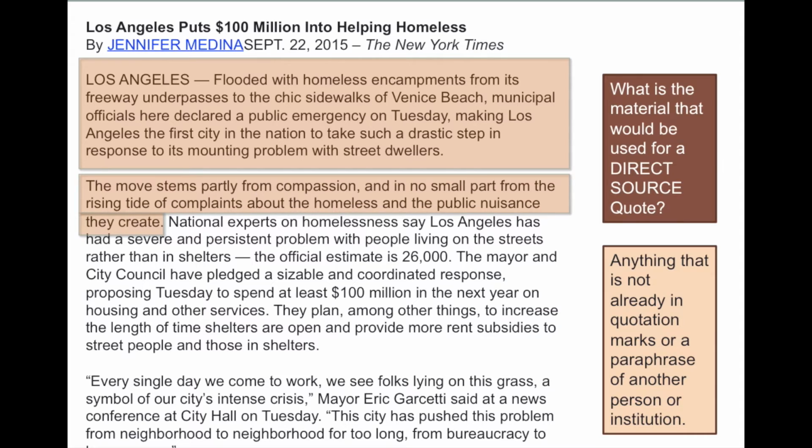Then in the next paragraph, only part of it would be directly from Medina because these are her words that she's reporting. And then in the last paragraph here, these are the only words in that paragraph that are Medina's. So any of these things would be up for grabs as a direct source.